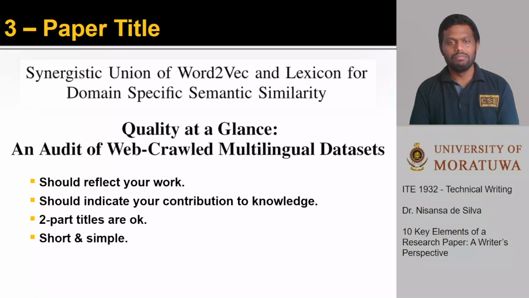You might think that these titles are long, but in this particular subject, these are very short and simple. So keeping it to at most 2 lines in whatever the format of your paper is usually acceptable.